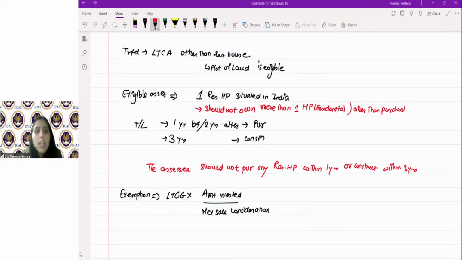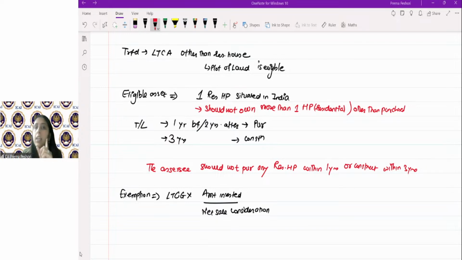And the capital gain amount will be computed in this particular manner. Where the assessee purchases within the period of 1 year or 2 years after the date of transfer of the original asset, or constructs within 3 years after such date, any residential house, the income is chargeable under the head capital gain.